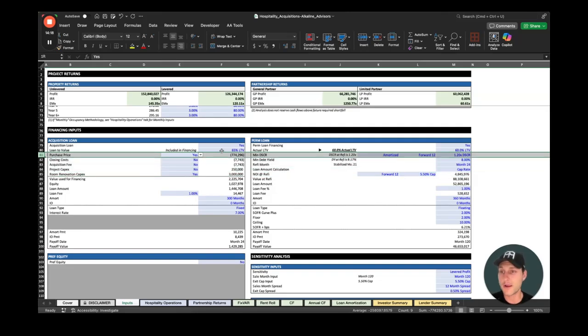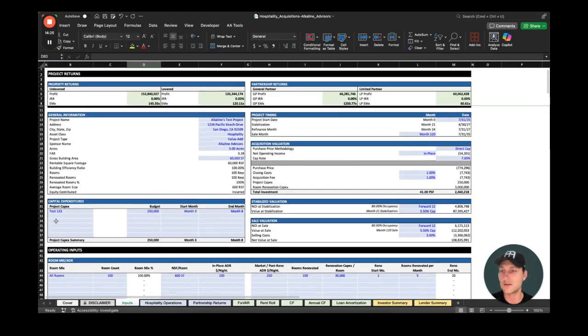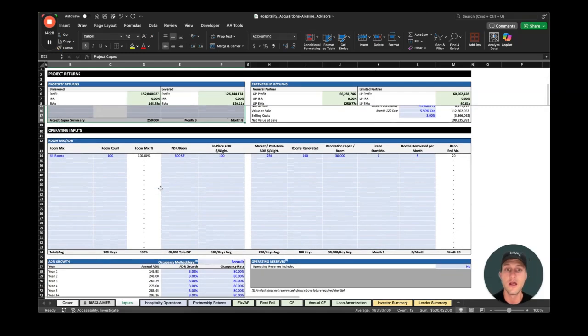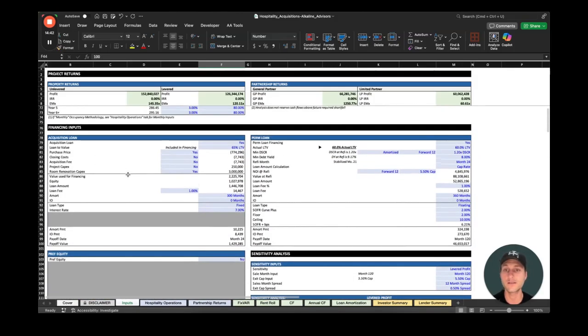We have purchase price, closing costs, AC fee, project capex, and room renovation capex. Again, the project capex is tied to this segment, so just general capital expenditures at a project level, and then the room capex is tied to the cost to turn each room to bring it from the ADR at acquisition to the post-renovated ADR, which is the average daily rate.